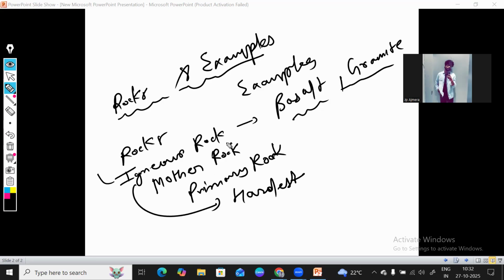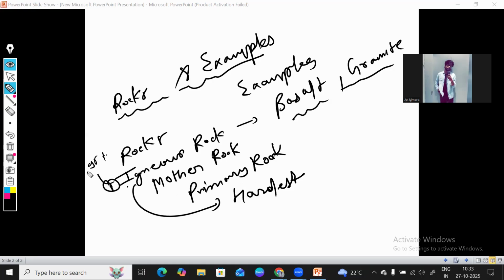The other rocks are formed from igneous rock by different processes. Igneous rock occupies a huge portion of the earth's crust, nearly 95% of it.